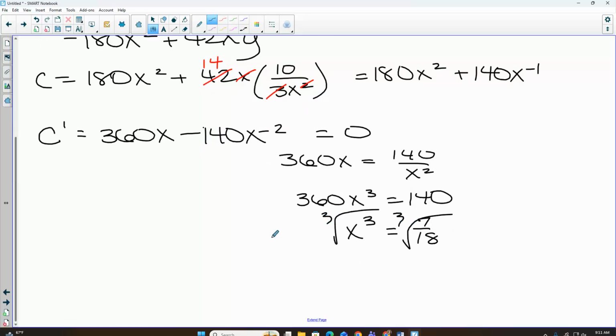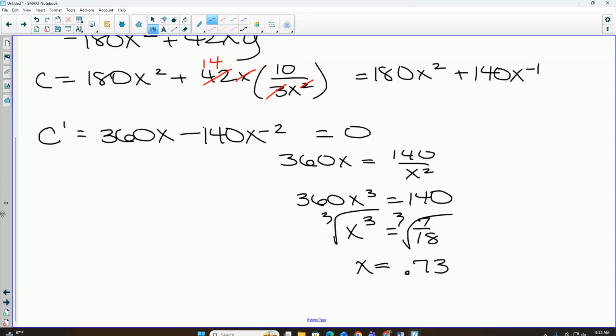Doesn't come out nice. Let's go ahead and just do a decimal approximation. And then we get 0.7299, so I'm just going to say 0.73.